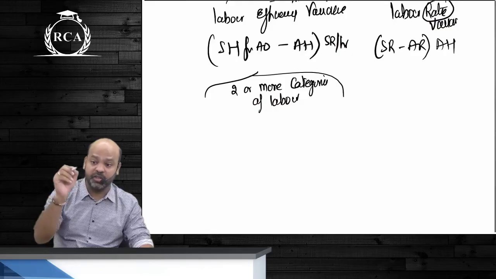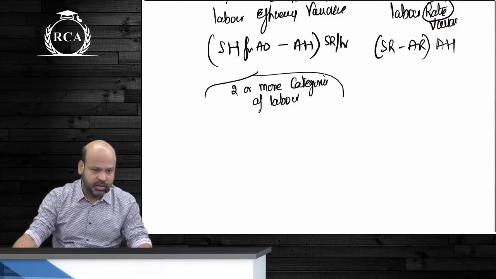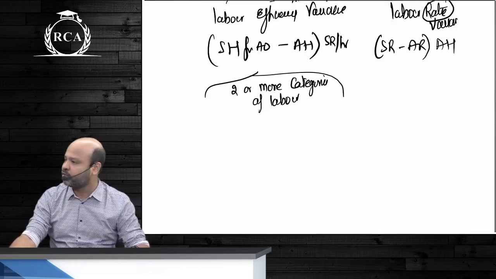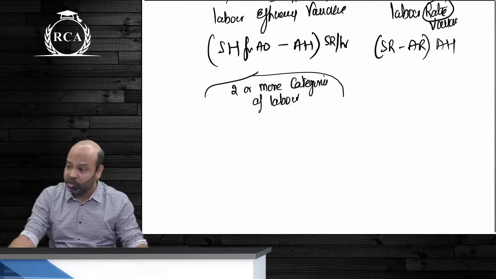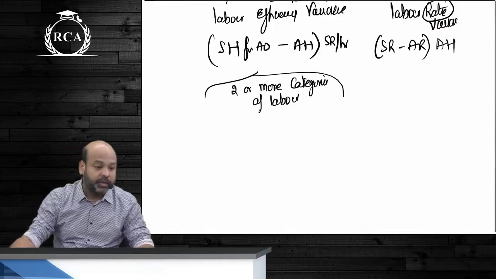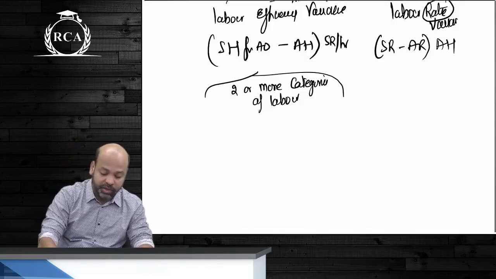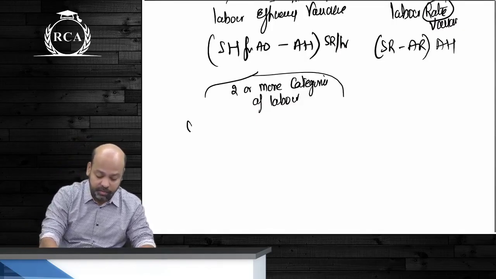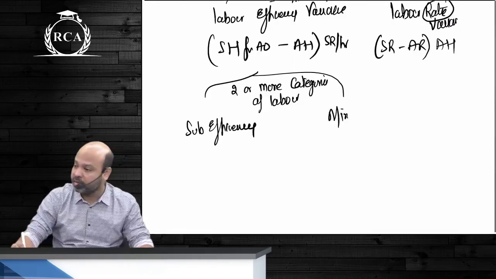If you change the composition of the team, will the total labor cost change? Instead of having, let's say, 4 freshers, there were 2 project leads working in the team. Will the total wage change? Yes or no? So just as we had sub-usage variance and mix variance, here we have sub-efficiency variance and mix variance.